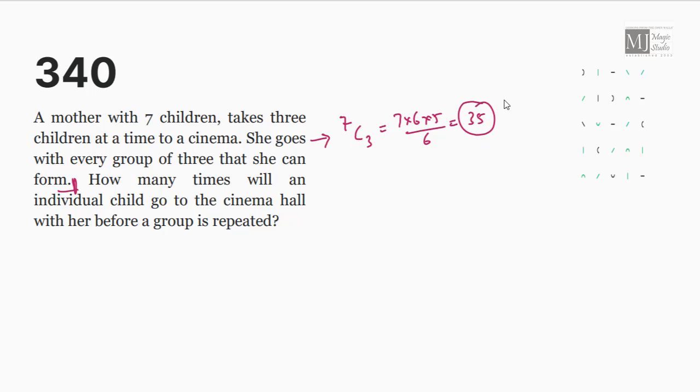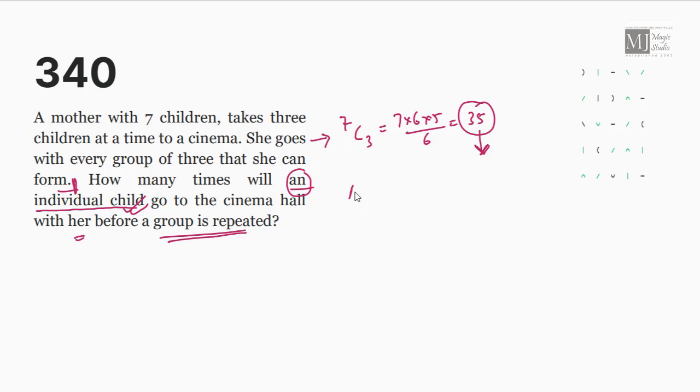After this, group 1 will be repeated, but after 35 times. How many times will an individual child go to the cinema hall with her before a group is repeated? That means out of these 35 groups, how many times is one particular child present in a group?